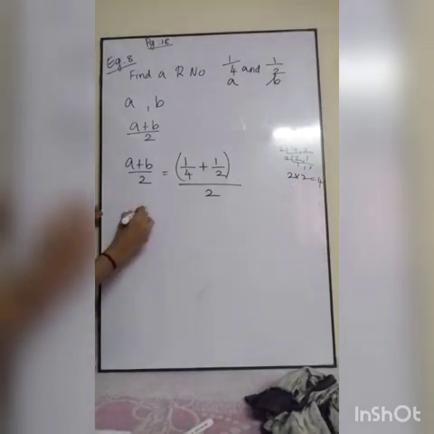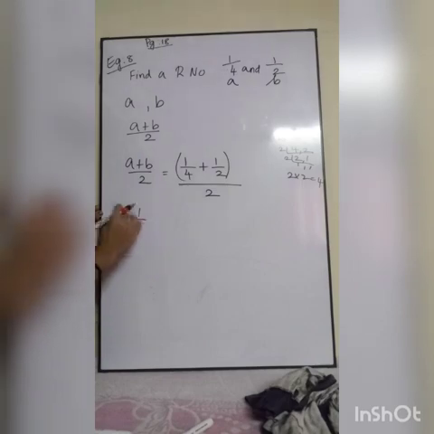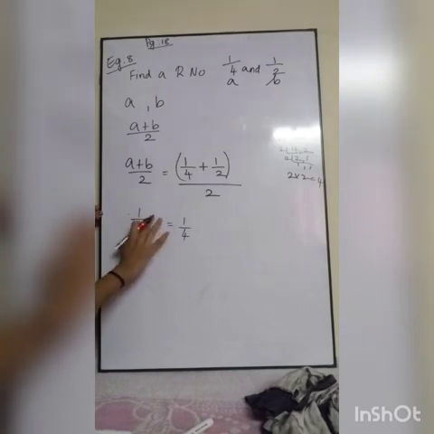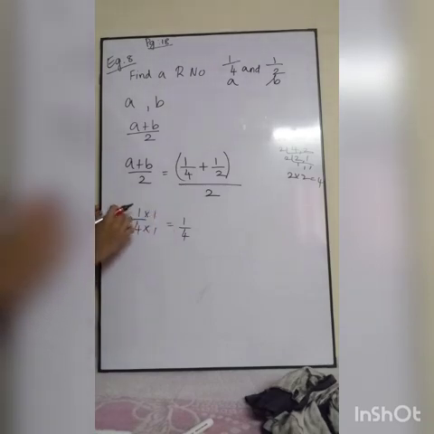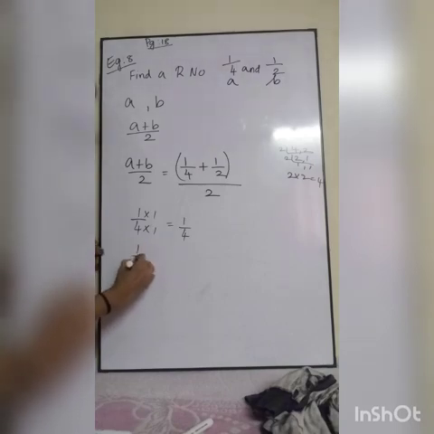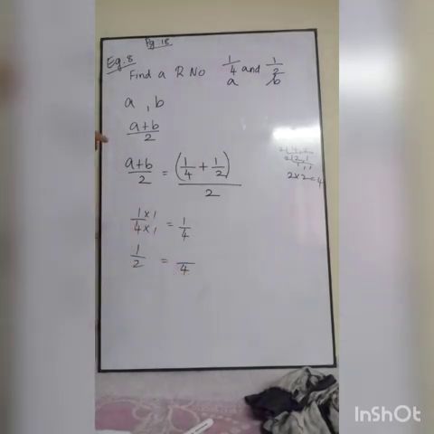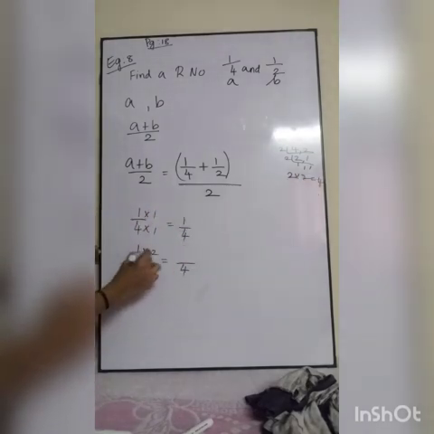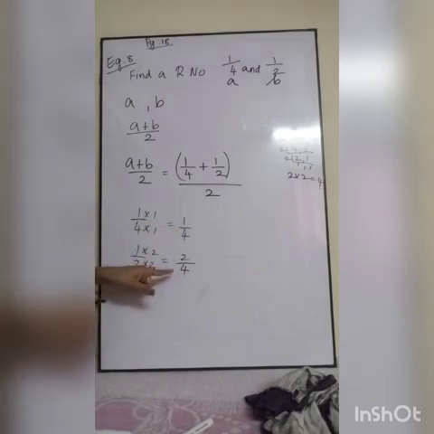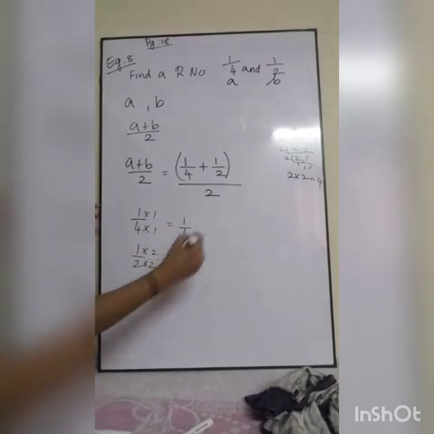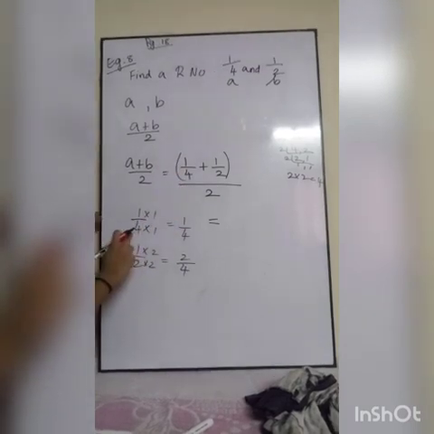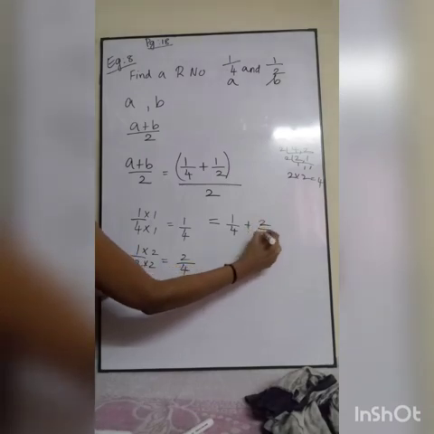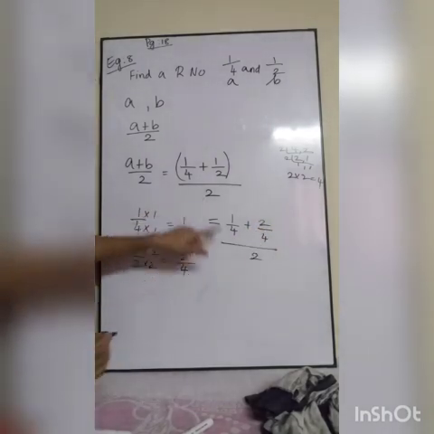So my LCM is 4. 1 by 4 stays as it is. 1 by 2 I have to make it denominator 4, because our LCM is 4. 2 twos are 4, and here 1 into 2 is 2. So we have converted them to the same denominator. Instead of 1 by 4 I write 1 by 4, instead of 1 by 2 I write 2 by 4, whole divided by 2.